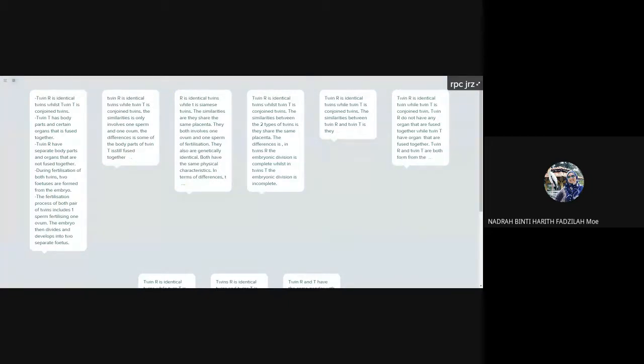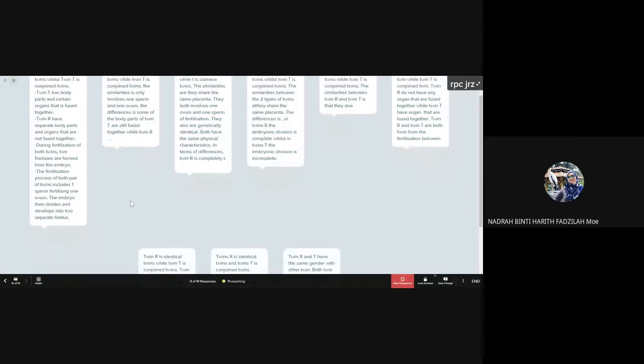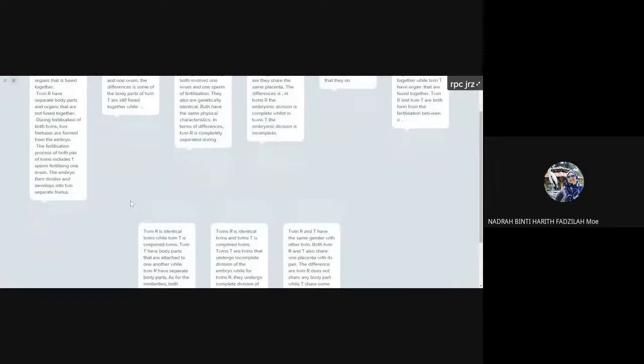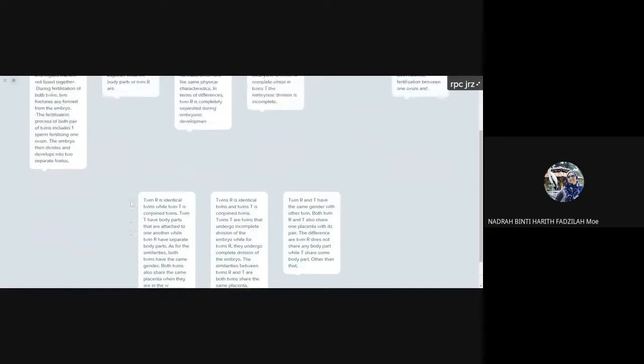Share the same placenta, sorry. Sebab saya buat explain kan. So antara points yang good untuk explanation ialah both are involve one ovum and one sperm. Bagus. So both pairs are genetically identical. Good, similarities and explanation cukup. 2 marks dah dekat situ.